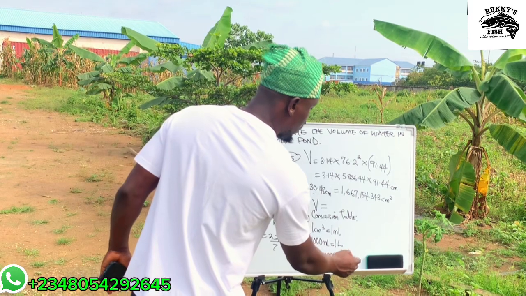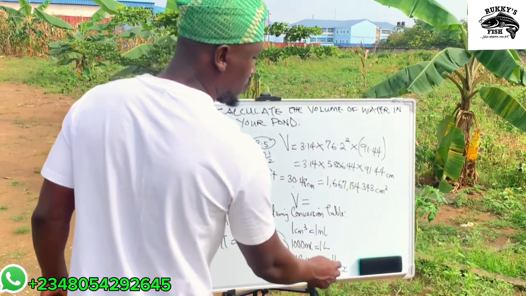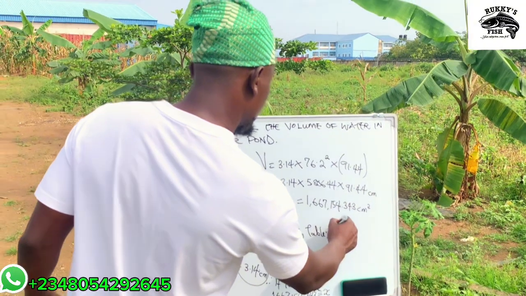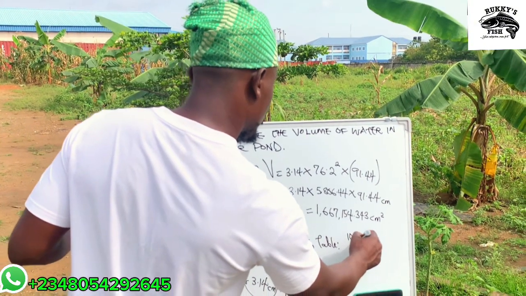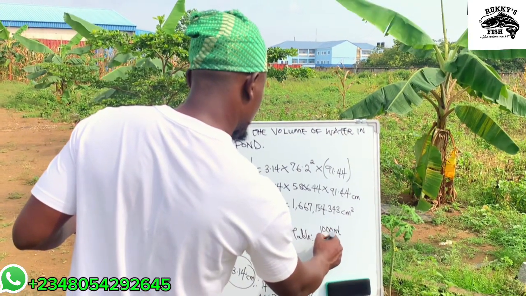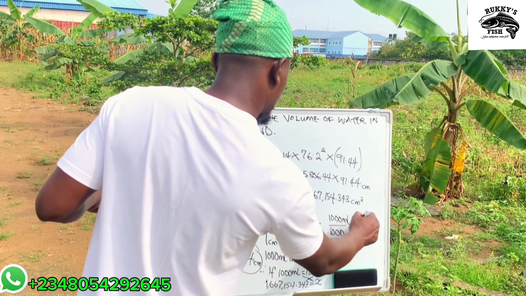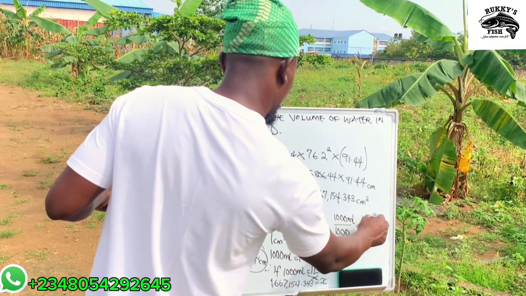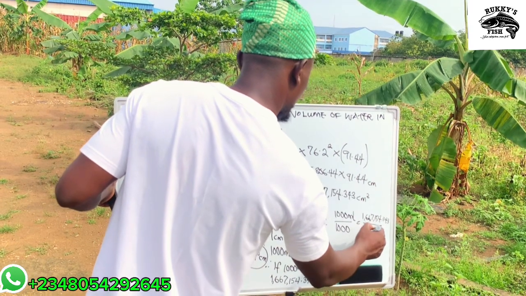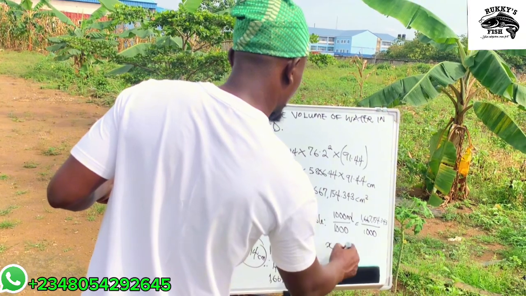So if we are cross multiplying, we have 1,000 milliliters over 1,000 is equal to 1,667,154.343 divided by 1,000. So X becomes what?